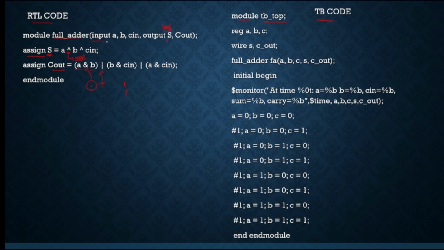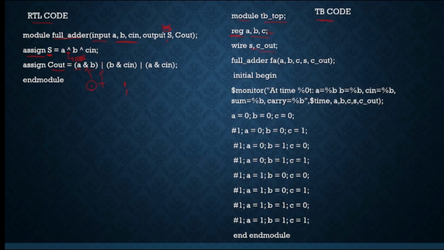Since these are inputs, we will be mentioning them as reg, A, B, C. Either you can mention it as C in or C. You can give the same names, or you can mention different names. There is no problem in that. But mostly in any codes, they will be using the same names, so that there won't be any confusion between the codes. That is the reason they mostly use the same variable names.